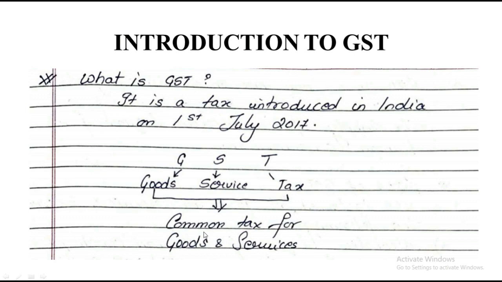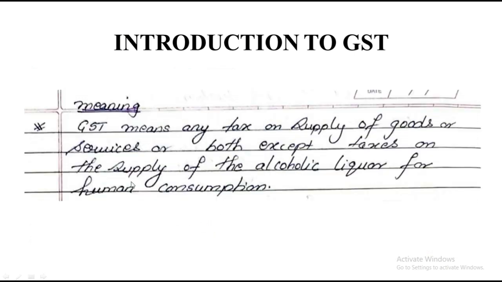Now when you look at the basic meaning of GST, it means any tax on supply. This is a very important term: on supply of goods and services or both, except taxes on supply of alcoholic liquor for human consumption. That's the definition given in the GST Act.